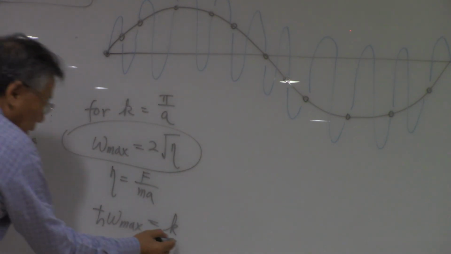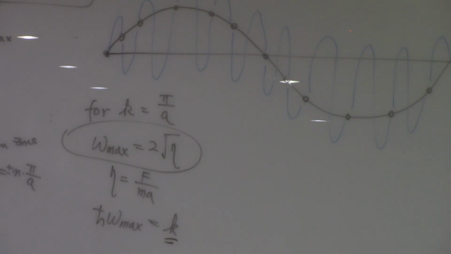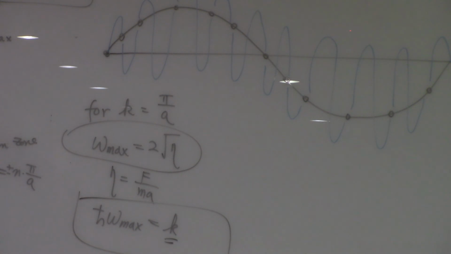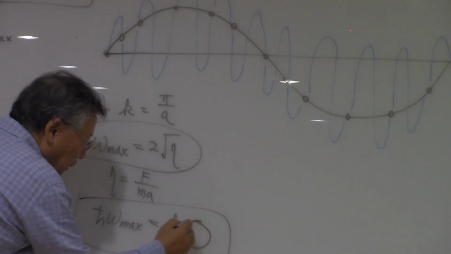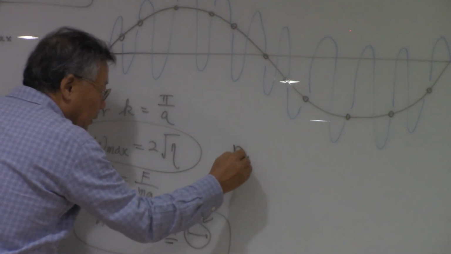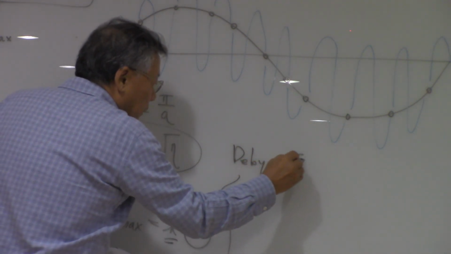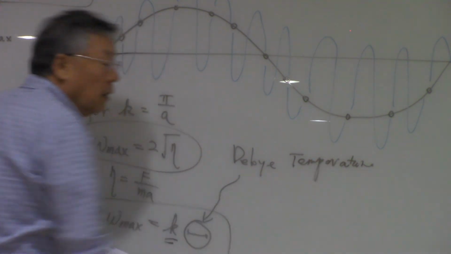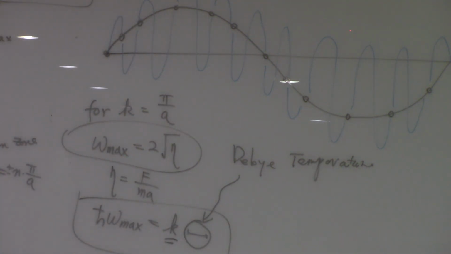The Boltzmann constant is related to the energy conversion to the temperature. So we are going to have some kind of a temperature thing here, and then we call this Debye temperature. So Debye temperature means the temperature where the solid cannot have more than, okay, the maximum temperature.